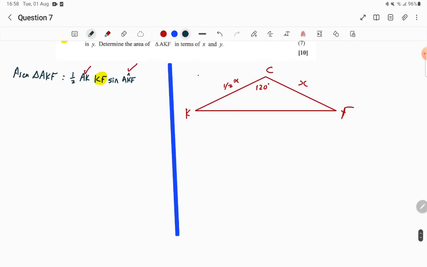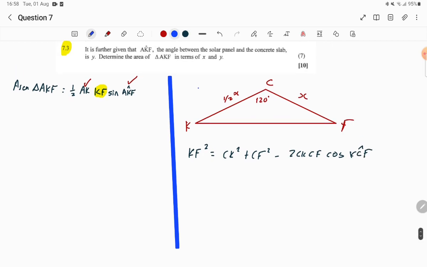So if we put our formula, it will be KF squared, because that has the angle, equals CK squared plus CF squared minus 2 CK CF cos of KCF, for consistency. Then let's sum in everything we know. What we want is KF, so we leave that there.